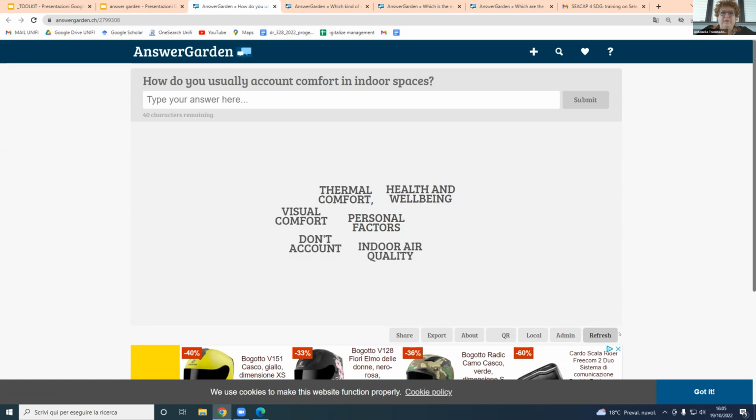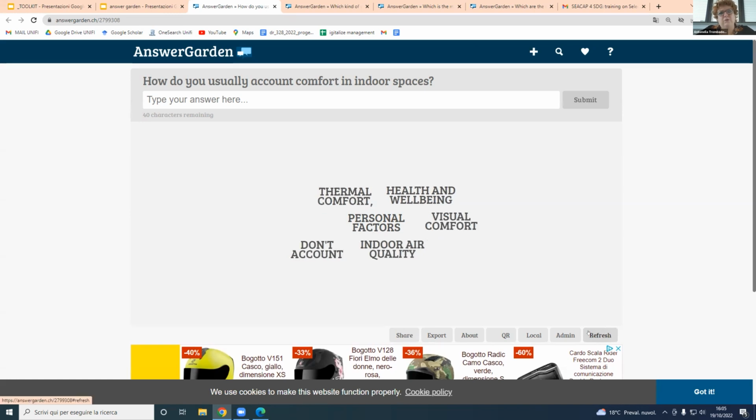Okay, visual comfort, thermal comfort, but how do you measure this? Generally, did you use some sensor or do you have an analytic monitoring protocol to do this, or only a general overview, or maybe a questionnaire?